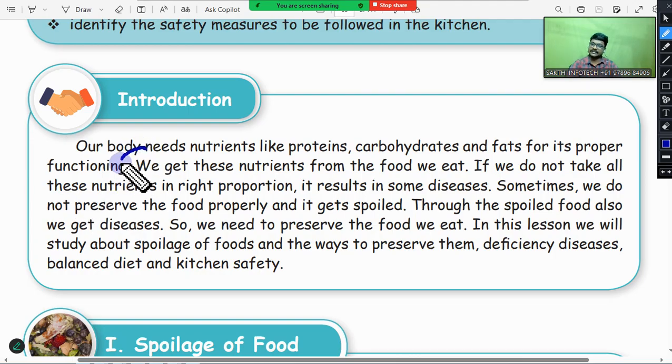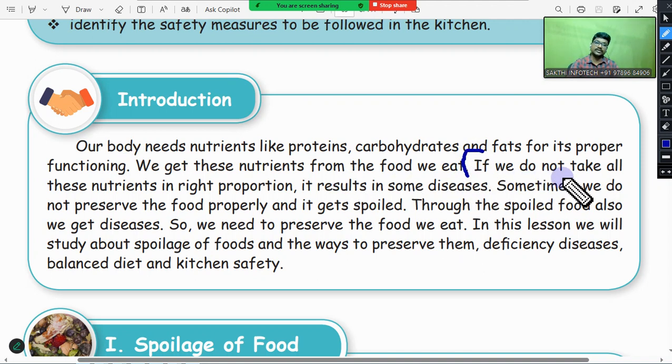Okay, next sentence. We get these nutrients from the food we eat. Next.